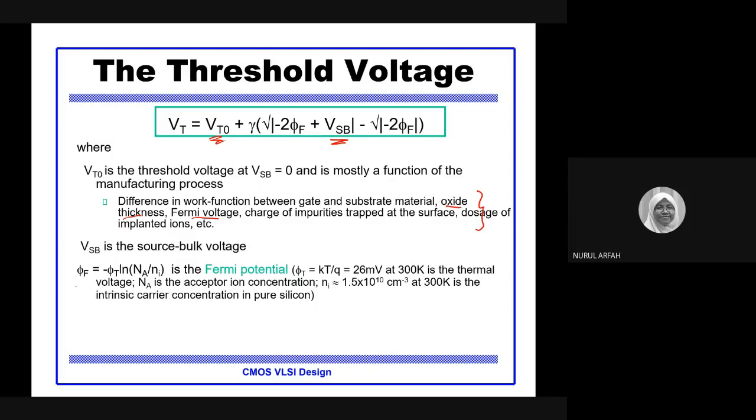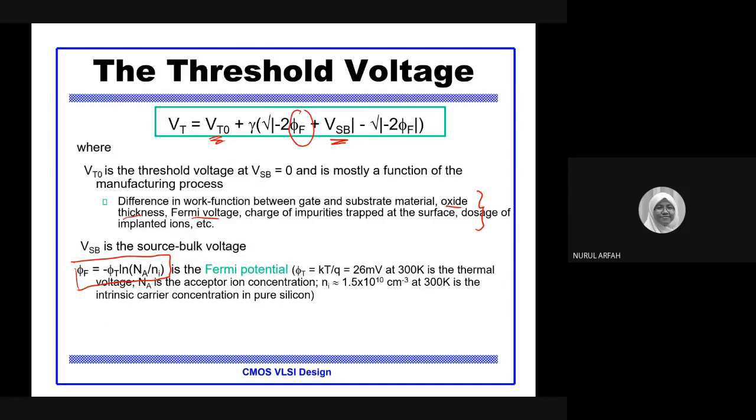Okay, and then this is the Fermi potential, phi F here, and this is equal to this under short channel, and it also depends on temperature.